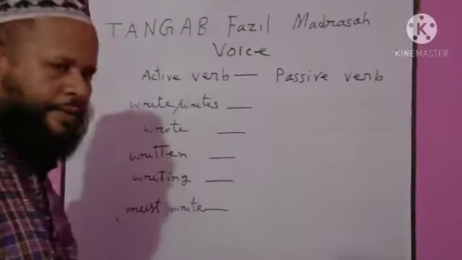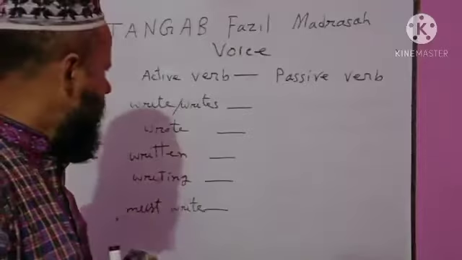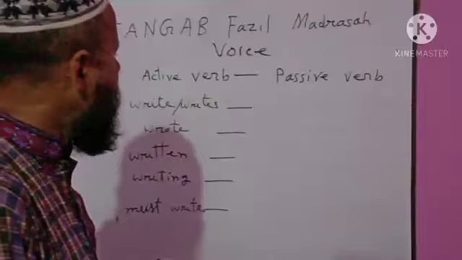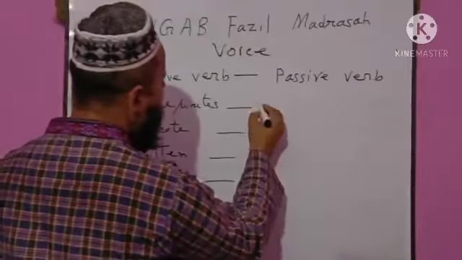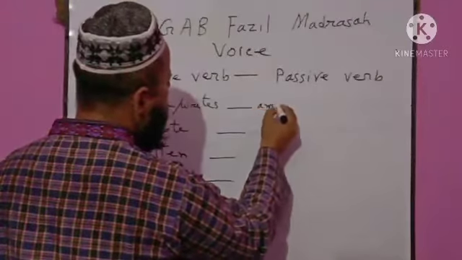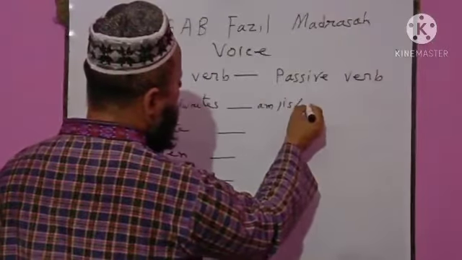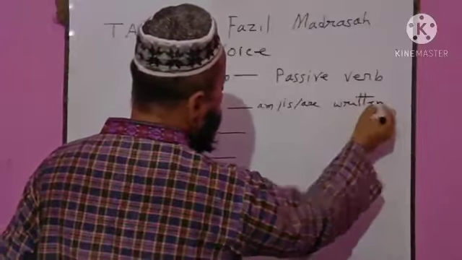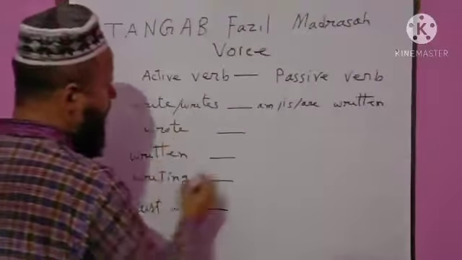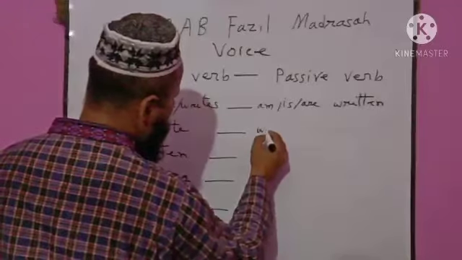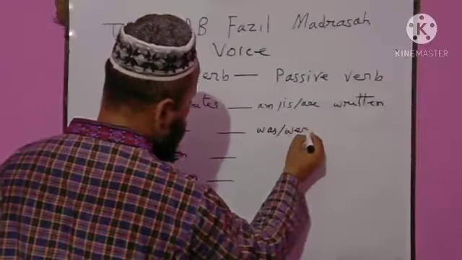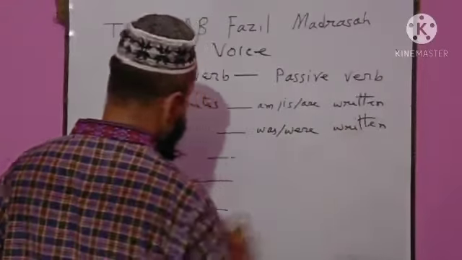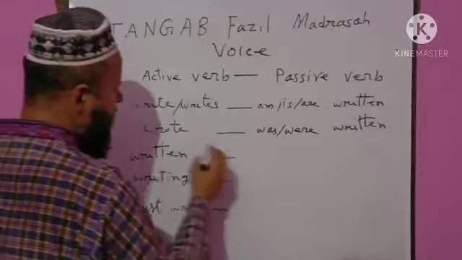Write or writes is the present form of the verb. So in passive voice it will be am, is, are written. Wrote, past form. So passive voice will be was, were, written. Written, past participle.